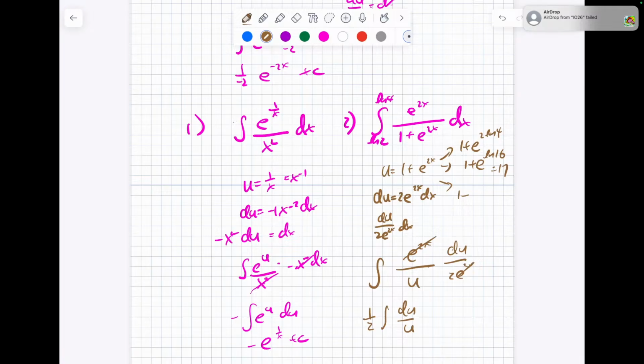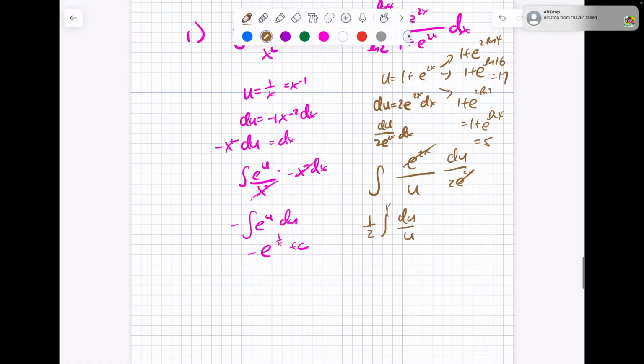So it'll be 1 plus e to the 2 ln 2, and that's equal to 1 plus e to the ln 4, and that's going to be 5. So that'll be 17 over 5. So it'll be 1/2 ln of 17 divided by 5. And that's the final answer, because it's negative, subtracting. Any questions?